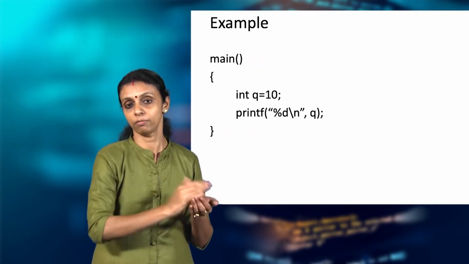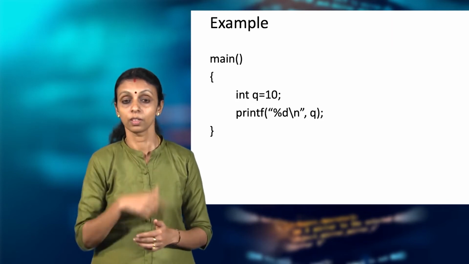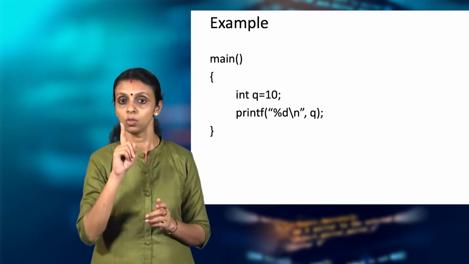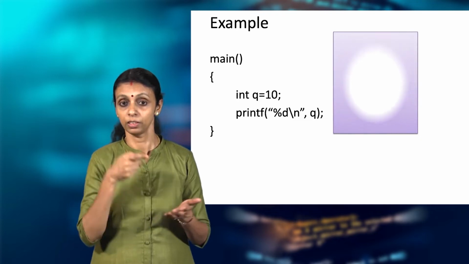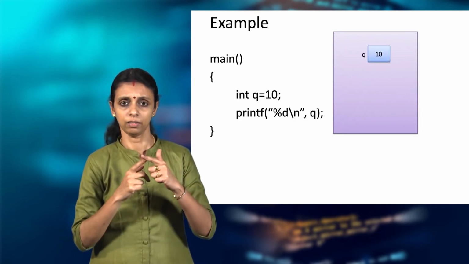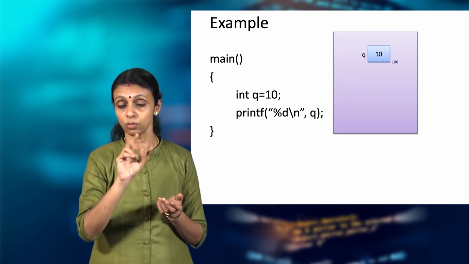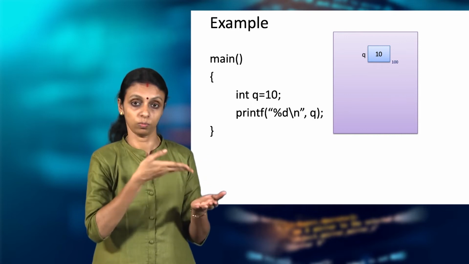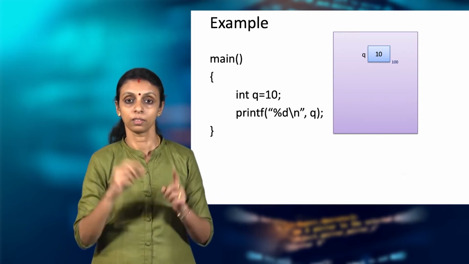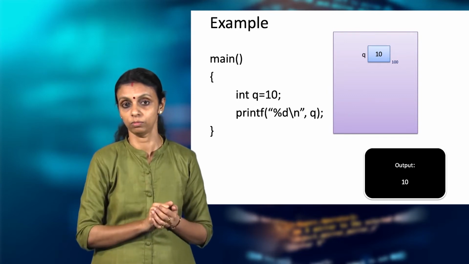Consider this program. In this program, there is a variable of integer type, q. The value 10 is stored in q. The program displays the value of q, that is 10.